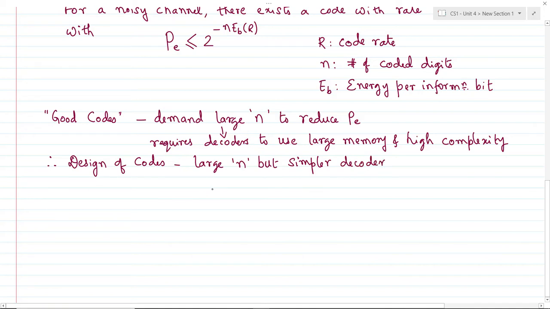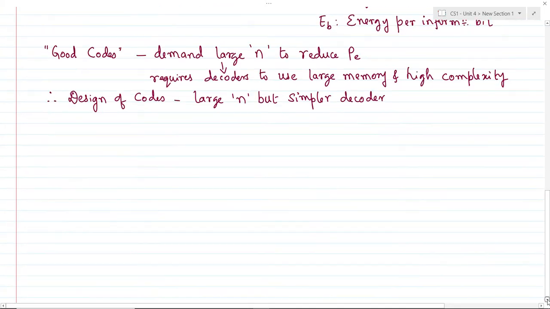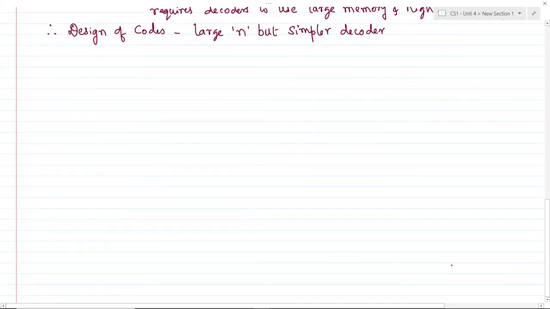Modern codes like turbo codes and low density parity check codes and several other codes which are used in current digital communication systems really achieve this. We'll try to understand the basic theory involved in designing such codes, and we'll introduce one of the famous block codes known as linear block codes in this unit.